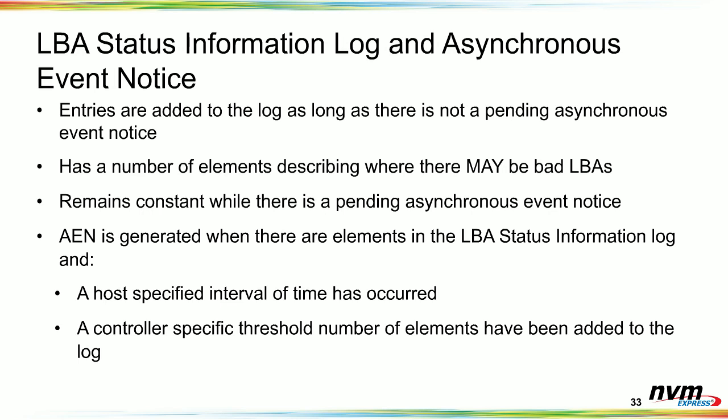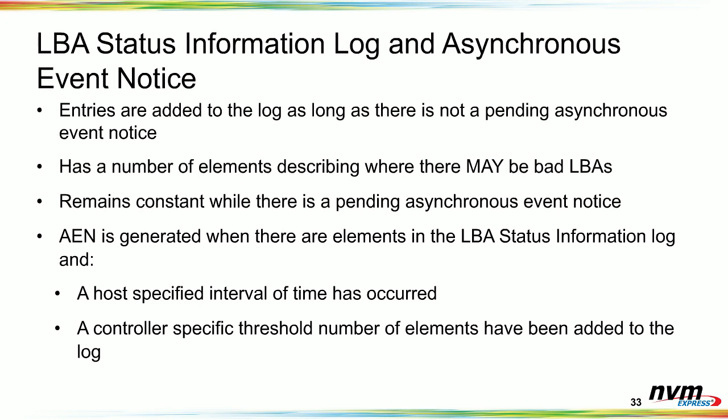So these elements describe a range of LBAs. And it doesn't mean that everything in that range is bad. It means there may be something bad in that range. Therefore, what you want to do is scan that particular range to determine if there are any bad LBAs. If there are bad LBAs, and you're in a RAID system, then you can recreate that particular piece of your RAID stripe for that logical block.